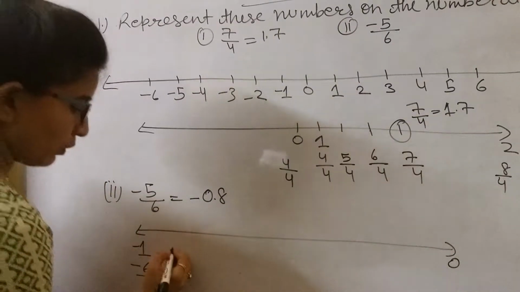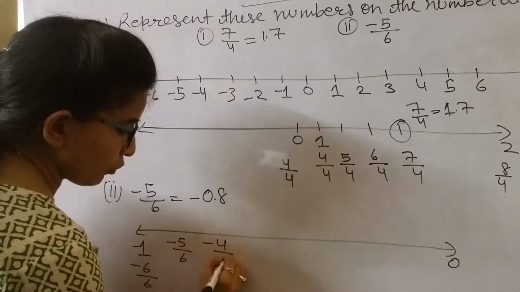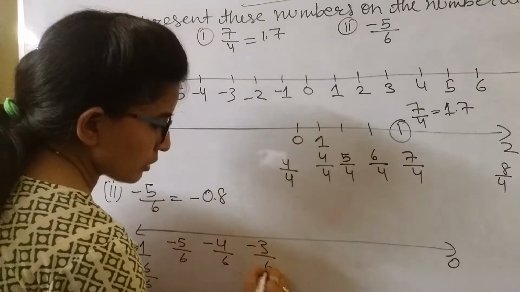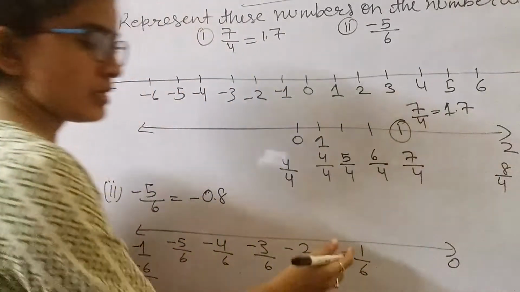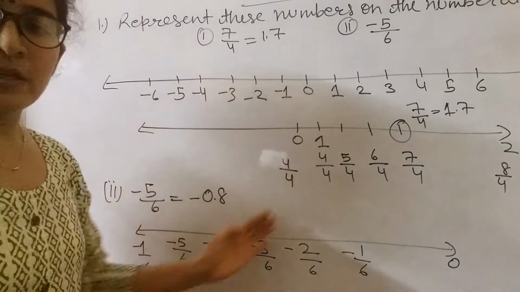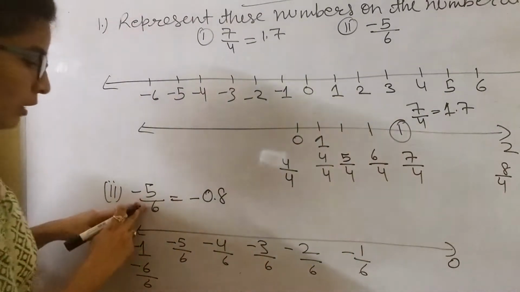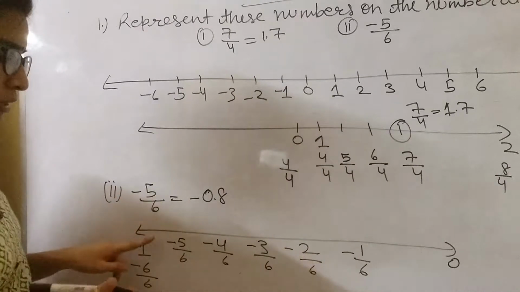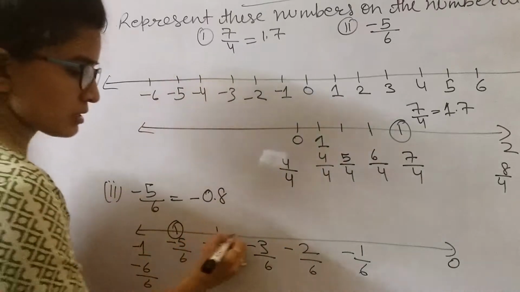So now here I can write minus 5 upon 6, minus 4 upon 6, minus 3 upon 6, minus 2 upon 6 and minus 1 upon 6. And that remains between 0 and minus 1. So I have to mark minus 5 upon 6, which will lie here, minus 5 upon 6.